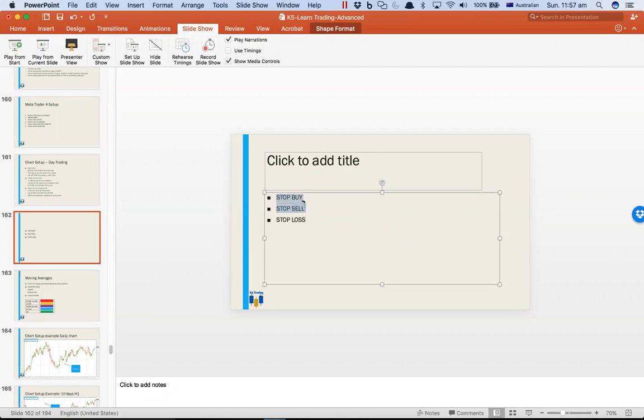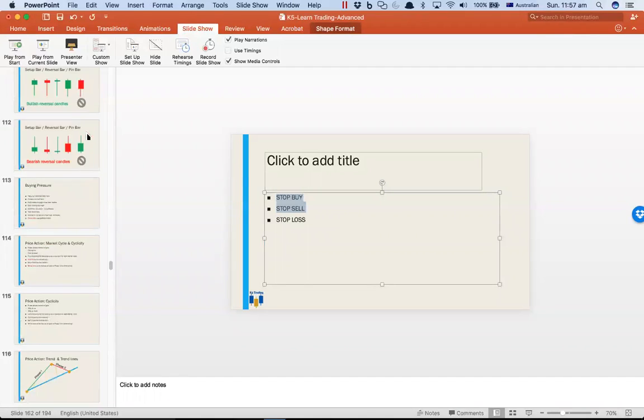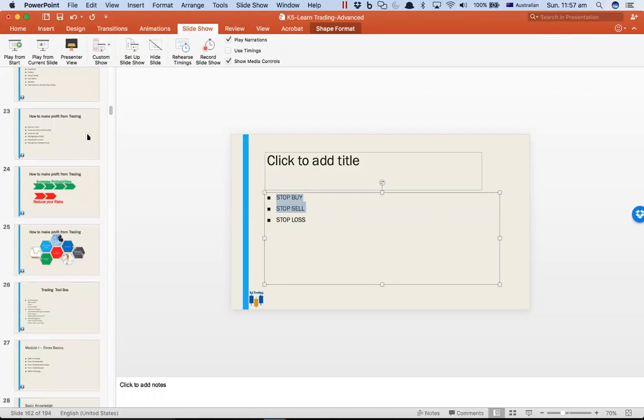These two, stop buy and stop sell, are in the order entry. That's you want to hit the price, you want to buy when the price goes above a particular price. If you go back here, we discussed this one very, very early.